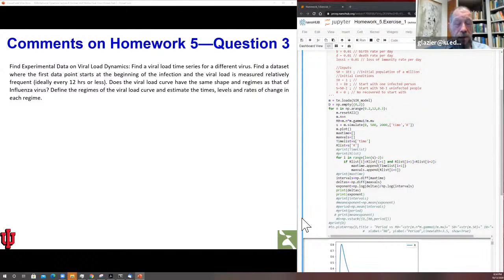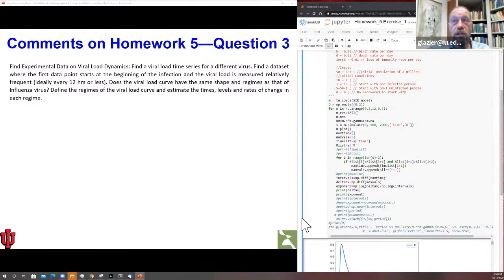And some people either didn't try that or had a little trouble with that. What I was hoping people would do would be at least estimate, and depending on the data set, it was more or less reasonable to do that. Some people found data sets that didn't let you do it very effectively.